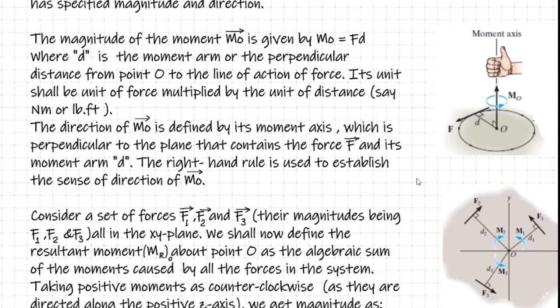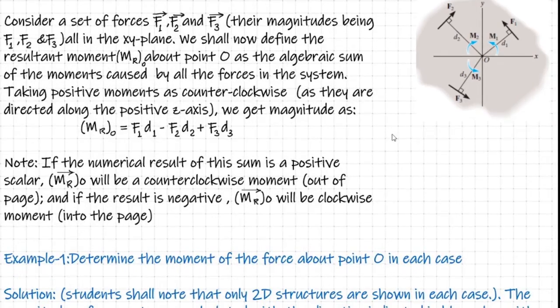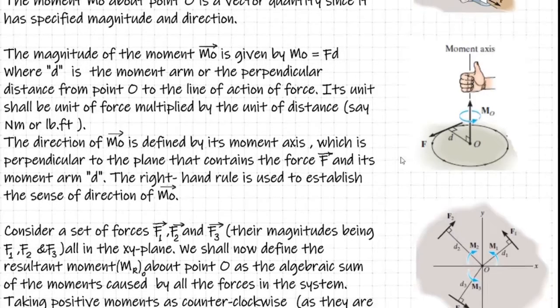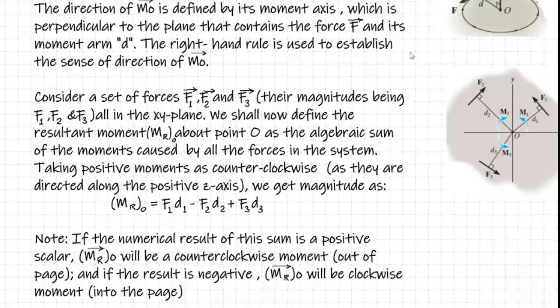So we know that the moment of a force about a point O is MO equal to F into D, where F is the magnitude of the force and D is the moment arm which is measured from the point O perpendicular to the line of action of the force F. And we also know that the moment of a force about a point is a vector quantity whose direction has to be decided based on the criteria already discussed.